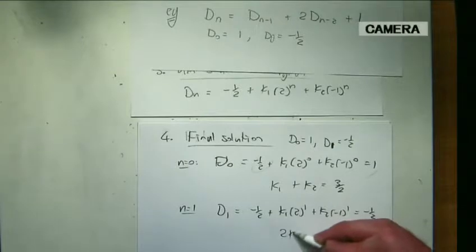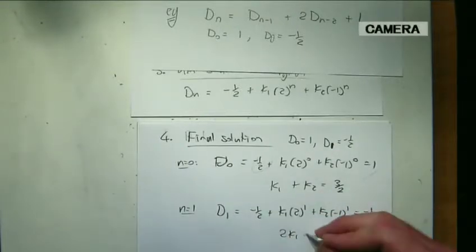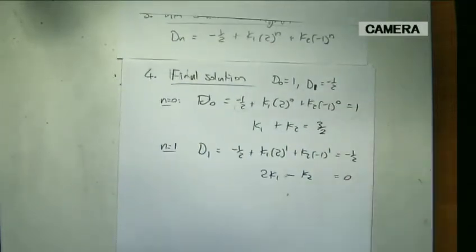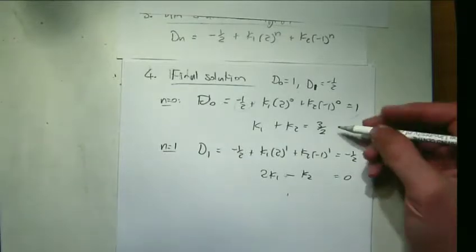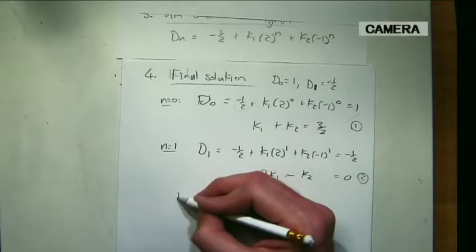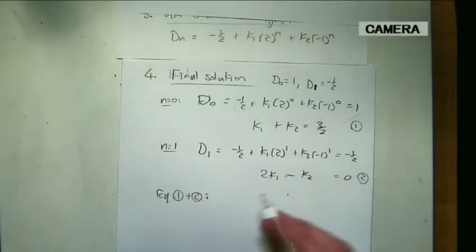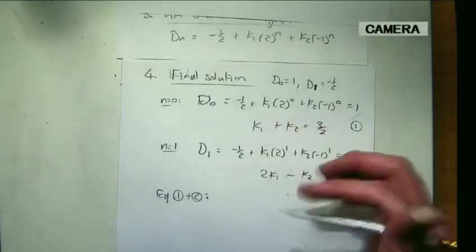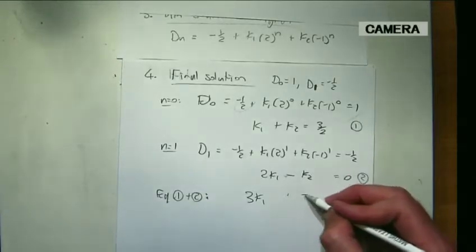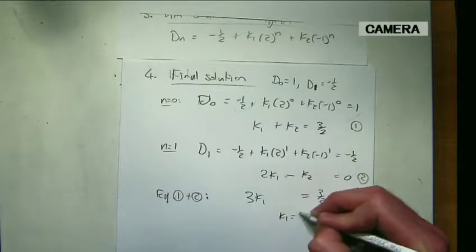2 to the 1 is 2. Oh, that's minus K2 equals 0. And now I have two equations to solve. So I'll number them. If I add them together, equation 1 plus equation 2 is K1 plus 2K1 is 3K1, K2 minus K2 is 0, 3 on 2 plus 0 is 3 on 2, and so therefore K1 is a half.